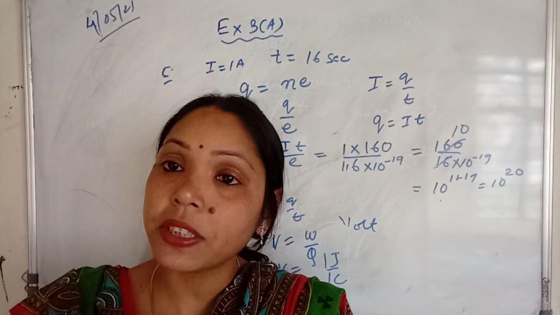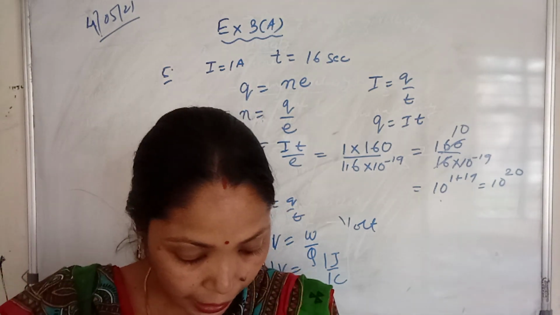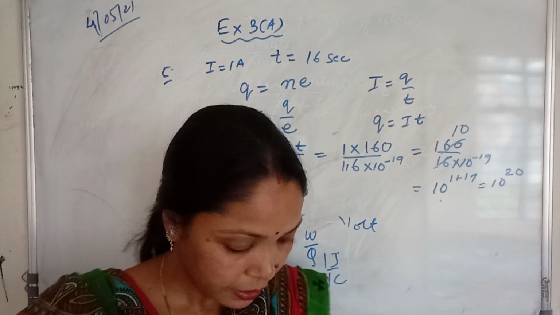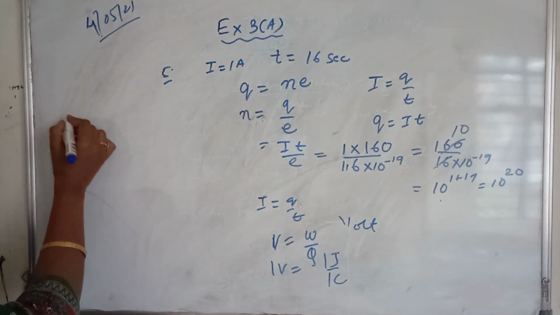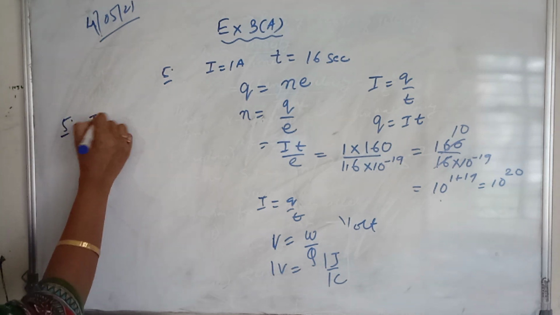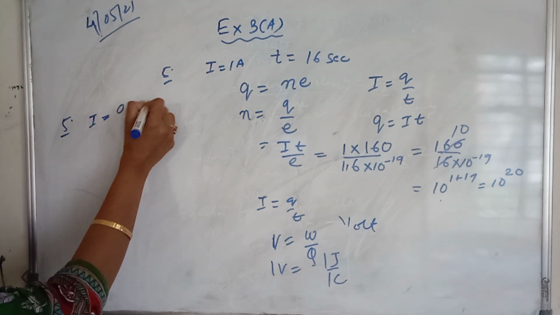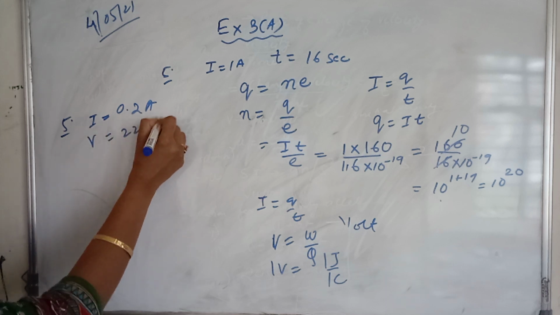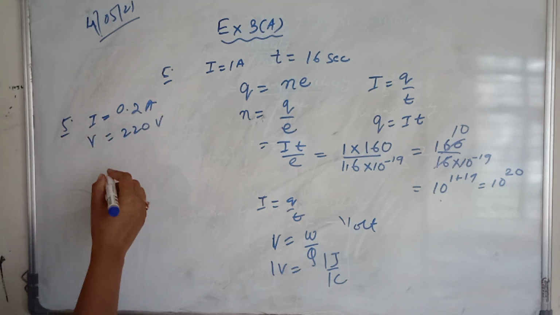Next, question number 5 is a numerical. Here, I is given as 0.2 ampere. V is given as 220 volt. Calculate the amount of electric charge.